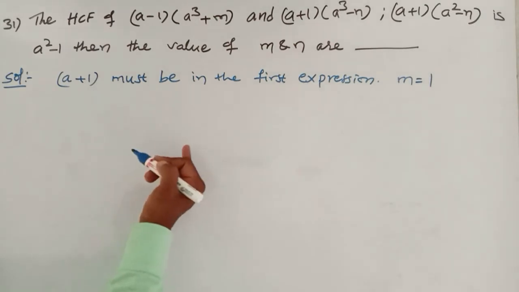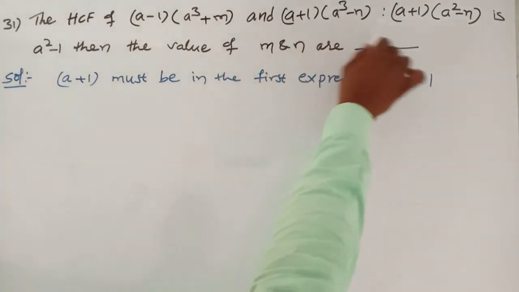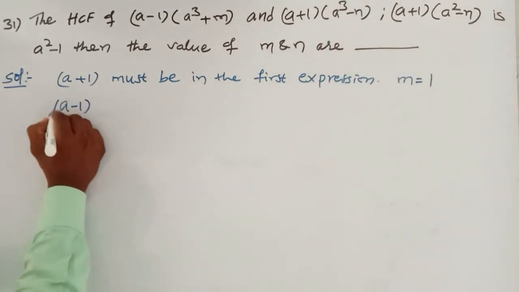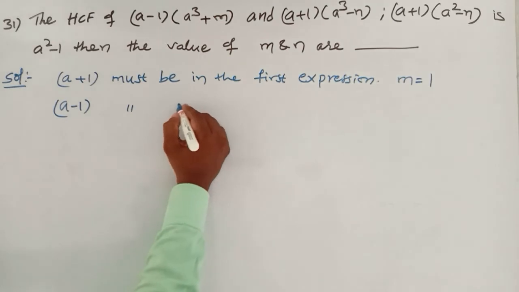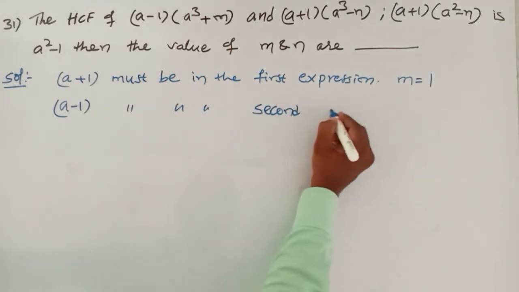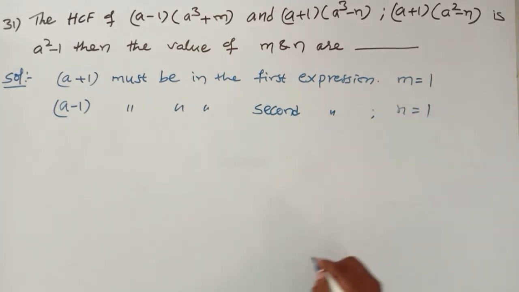In the same way, in the first expression a minus 1 is there, and in the other two expressions a minus 1 is not there. So compulsorily a minus 1 must be in the second expression, and therefore I am going to get n equal to 1.